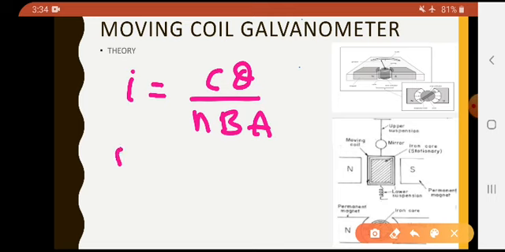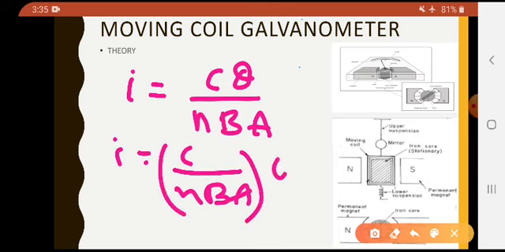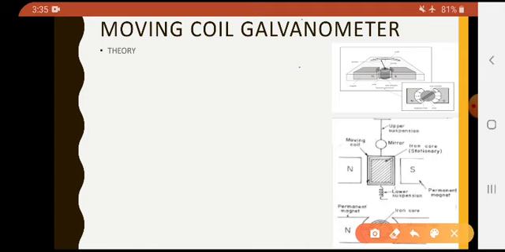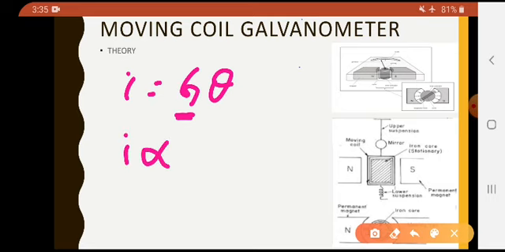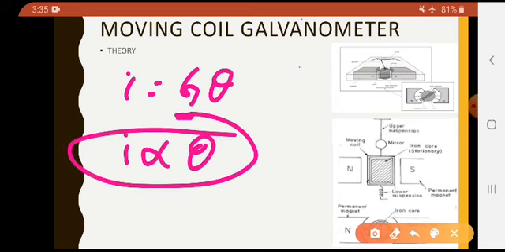If I take C by NBA as a constant, then I is directly proportional to theta. So I can write I equals G theta, where G is the galvanometer constant. So I is directly proportional to theta.